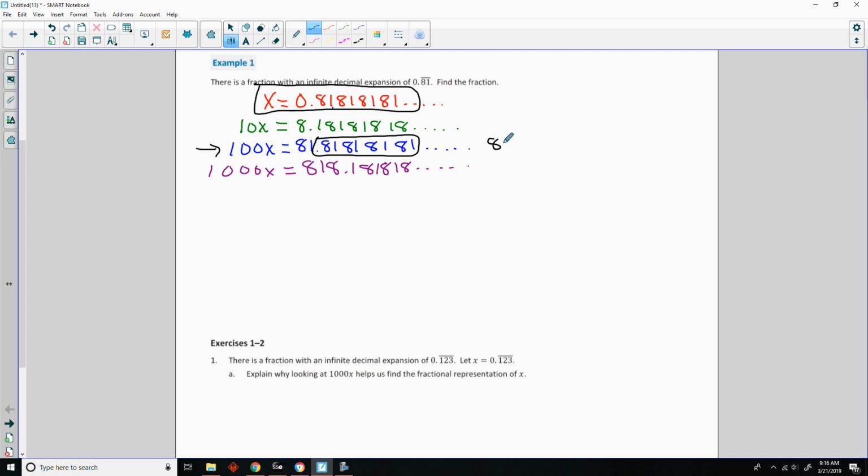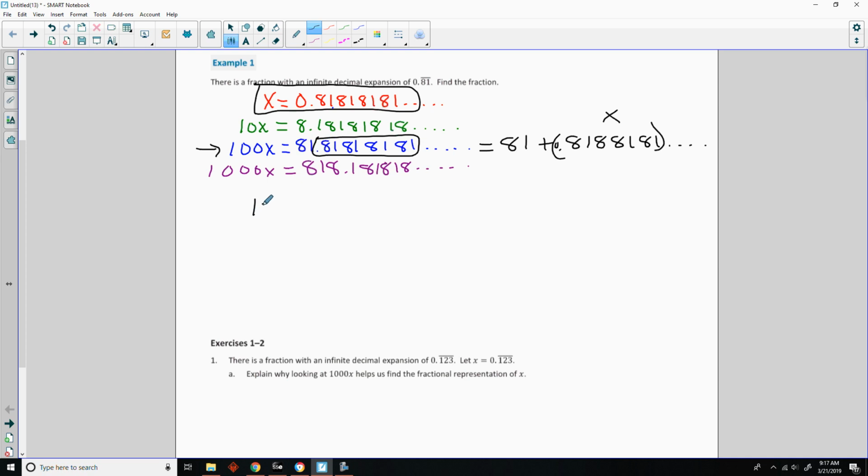Isn't 81.81 repeating equal to 81 plus 0.818181, which is my x? Does everybody see that? X is 0.81 repeating. Well, 81 plus 0.81 repeating is the same as 81 plus x.